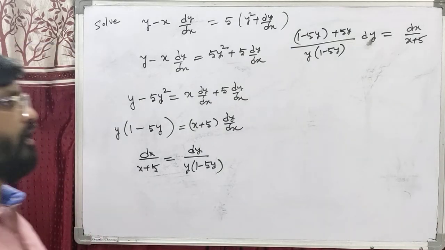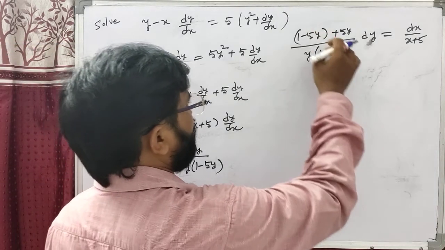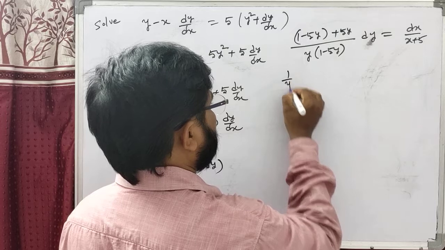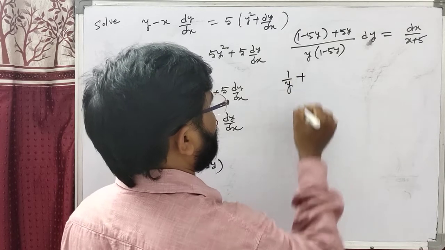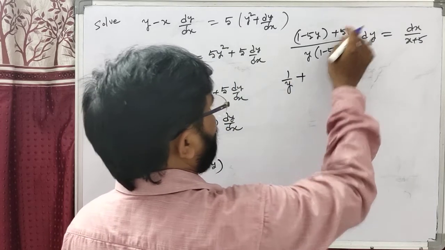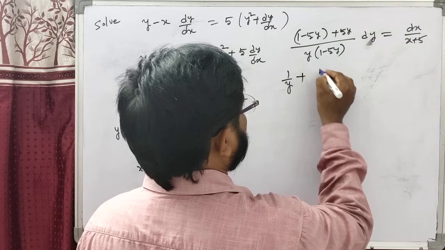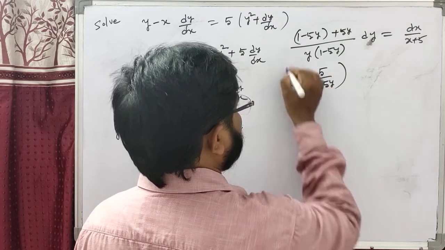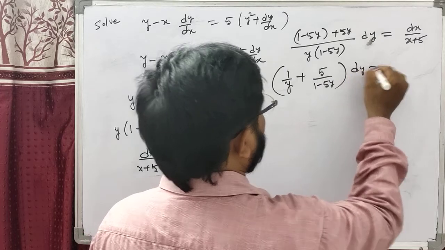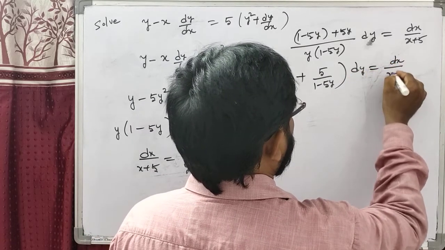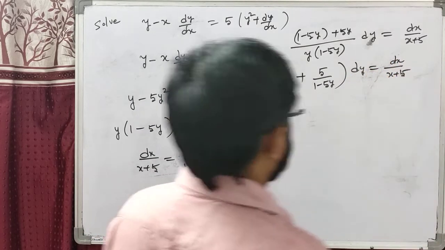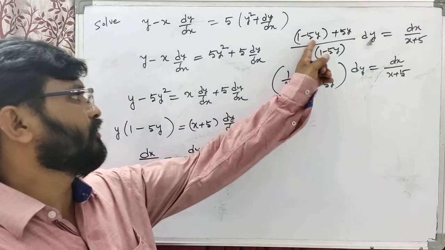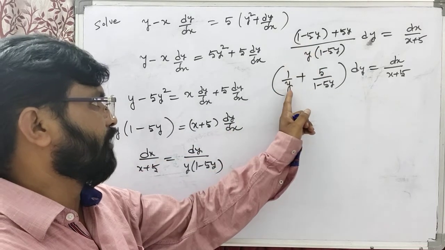Dear students, how can you write this one? These two are cancelled. We can write 1 by y. Here, students, this y is cancelled. We can write 5 by 1 minus 5y into dy, equal to dx by x plus 5. These two are cancelled, this is 1 by y.